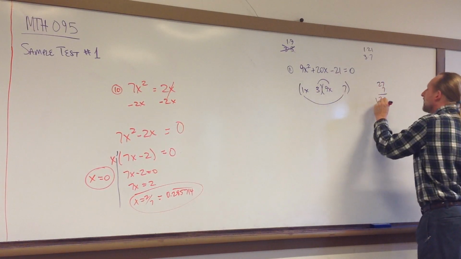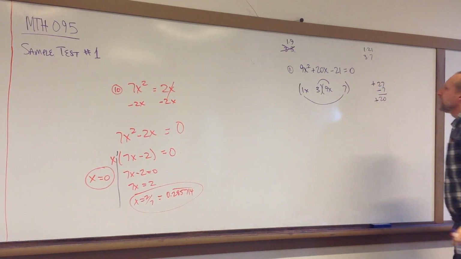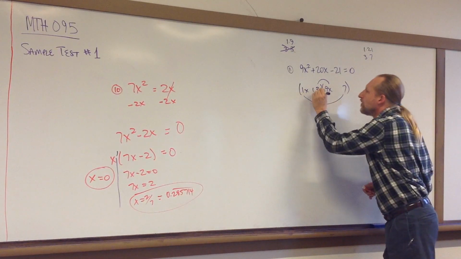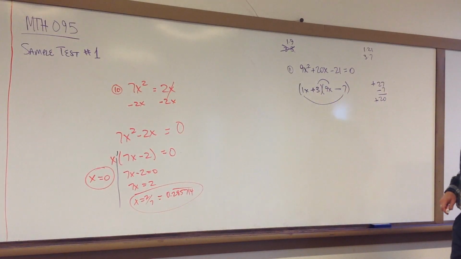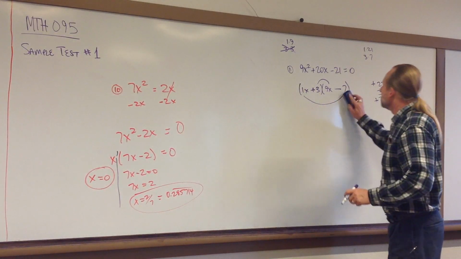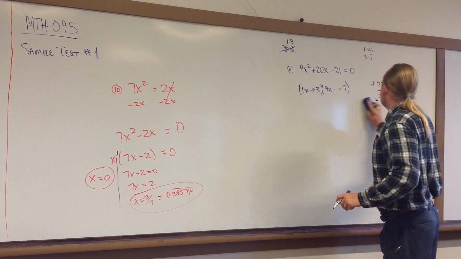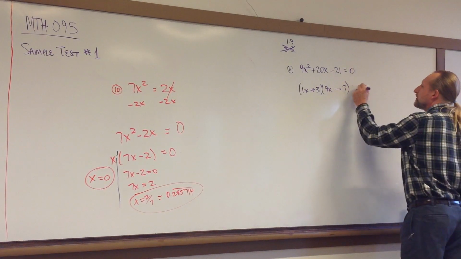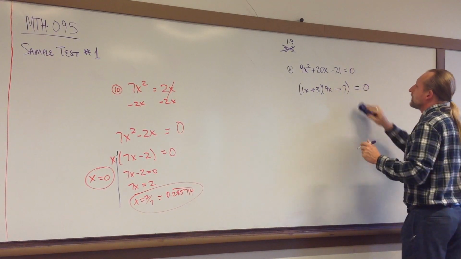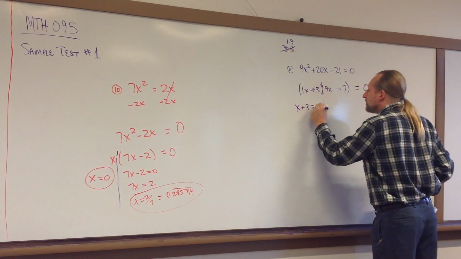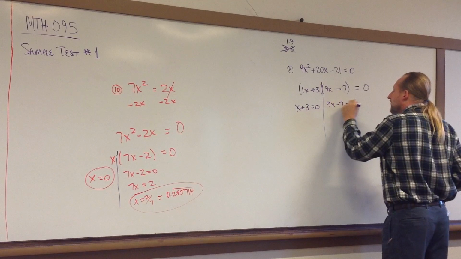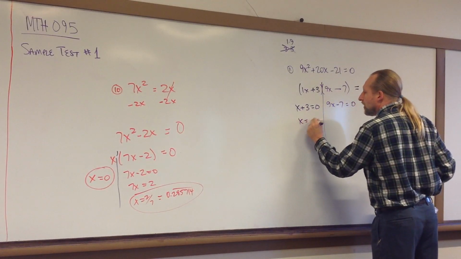This is a positive 20, so we need the 27 positive, and we need the 7 negative. Now that we've done that, we can solve the equation. This is set equal to 0, right? So then we split it into two pieces. Say x plus 3 could be 0, or 9x minus 7 could be 0.